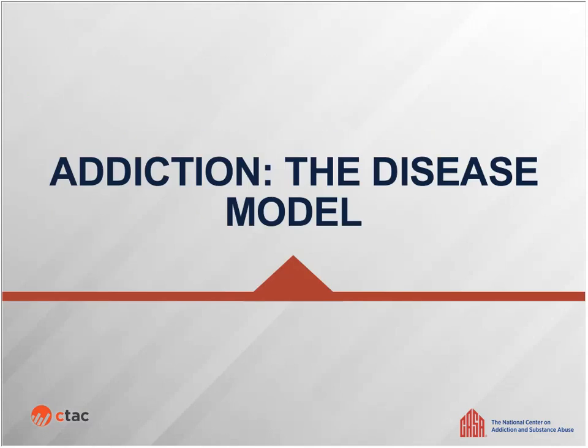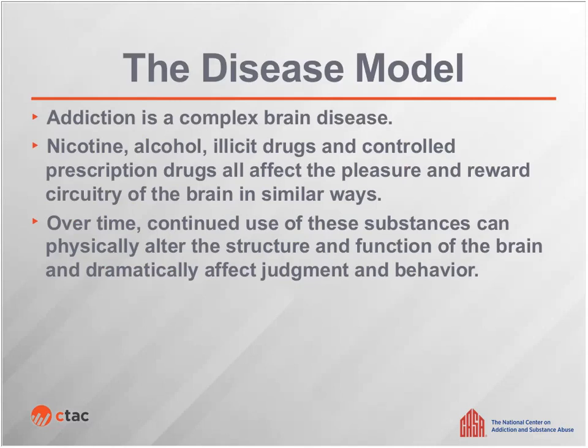So let's talk about addiction from the disease model. Okay, one of the things to keep in mind is that addiction is really a complex brain disease. In future slides, just to get ahead of the moment, we're going to focus on the dopamine pathway, but we know that other pathways are also implicated in addiction as well.